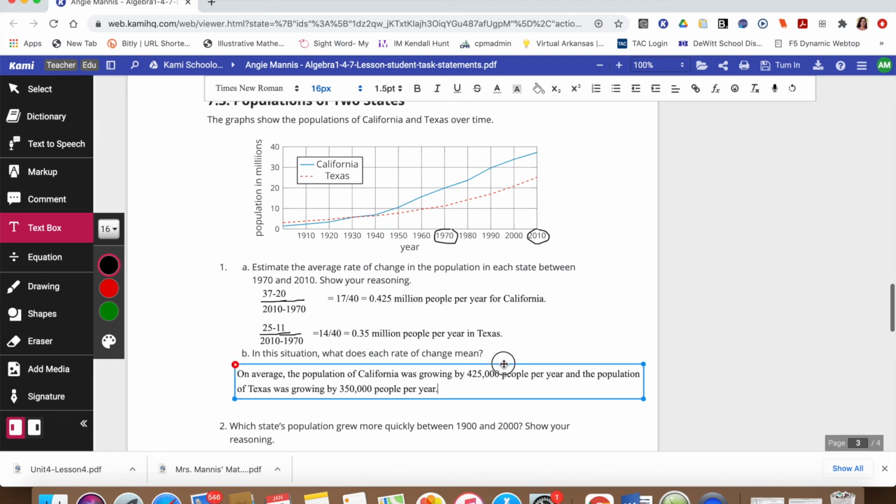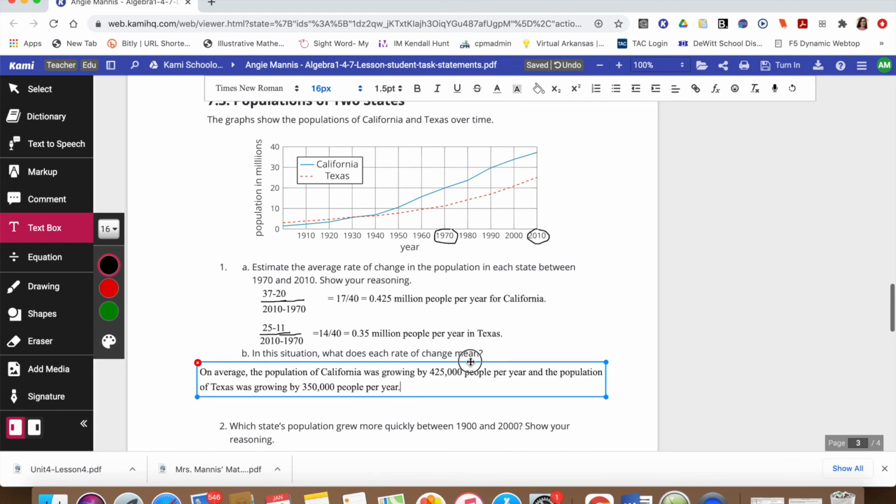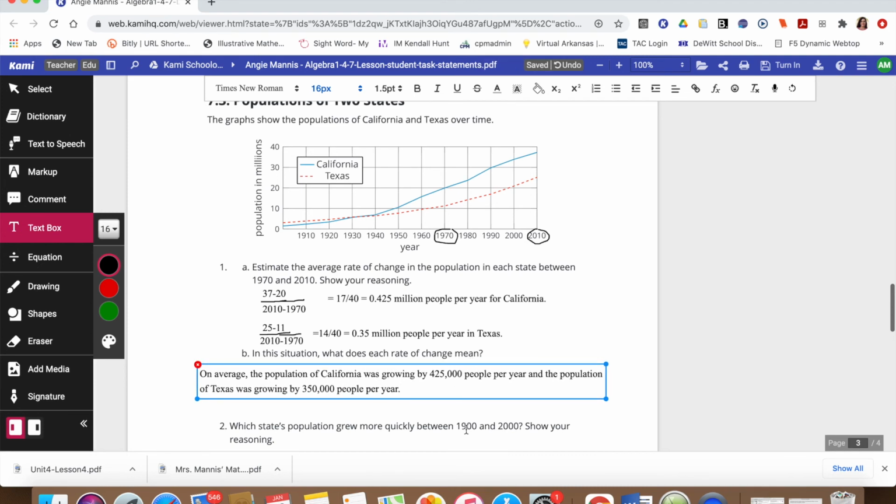All right, so California was growing by 425,000 people per year, and Texas was growing by 350,000 people per year.